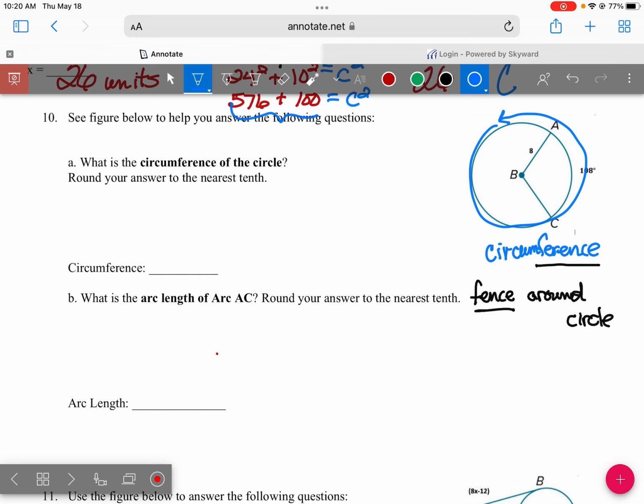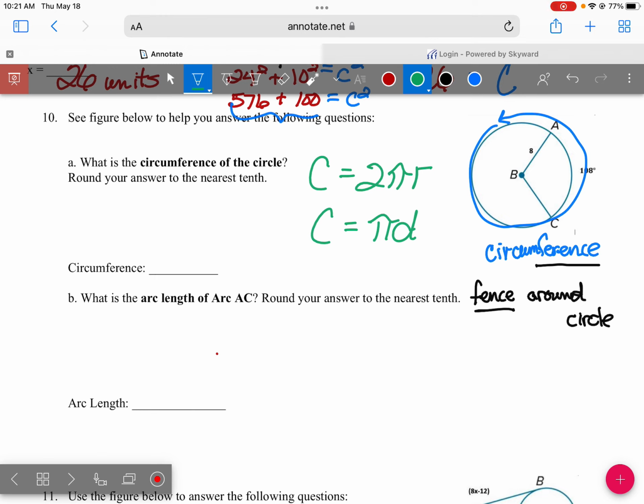All right, so circumference. Circumference is perimeter of a circle. So it's perimeter, but since it's a circle, they have to give it a fancy name, circumference. So looking at this, I have two formulas. I have C equals 2 pi r, and I have C is equal to pi times diameter. Which of those am I going to use?